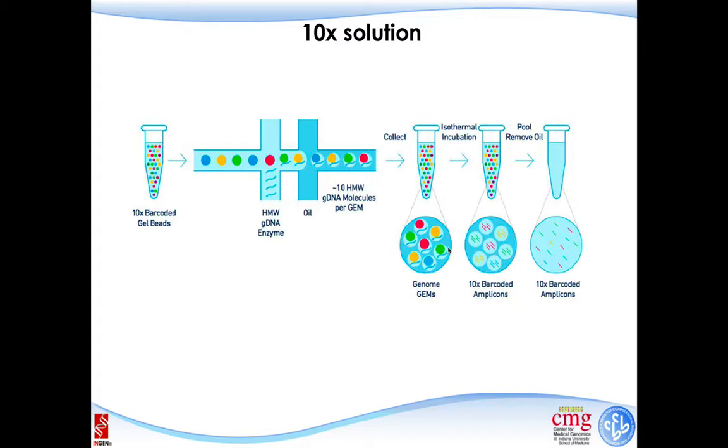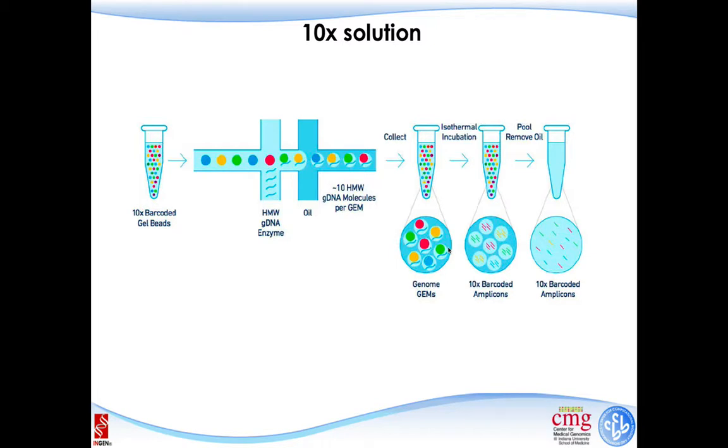So each of those DNA molecules is very, very long, 100,000 bases. And you can see here the DNA molecule will be attached to each individual bead, so we can control the reaction that way. After that, you push this into an oil environment.